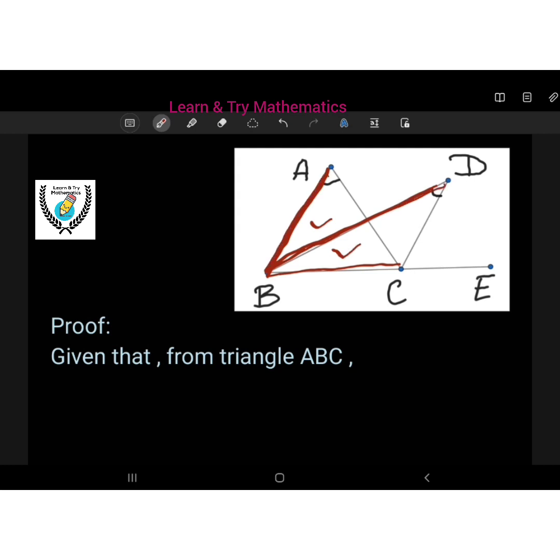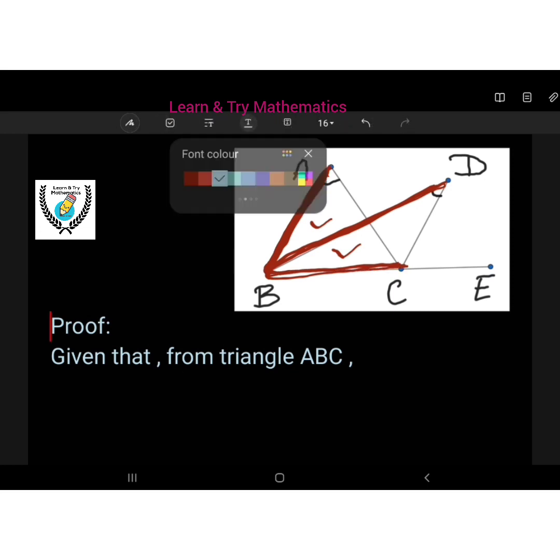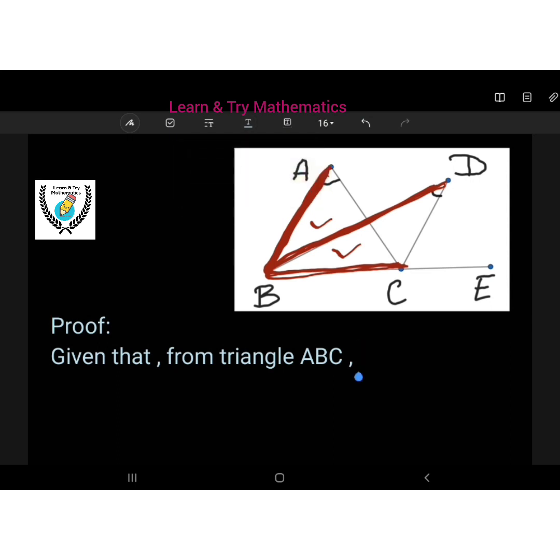ABD plus DBC equal the whole angle, because BD is the bisector of angle ABC, then we can write that angle ABD is equal to angle DBC.